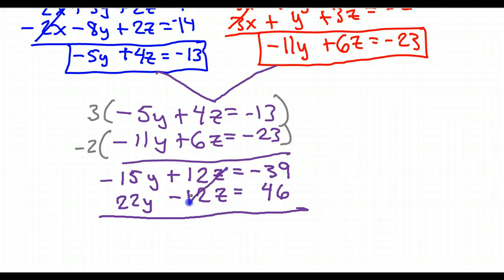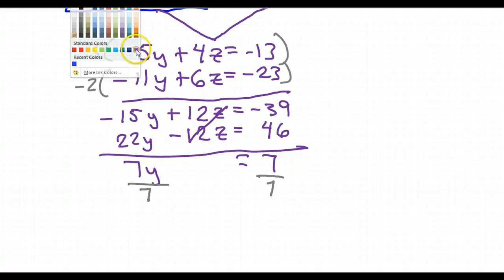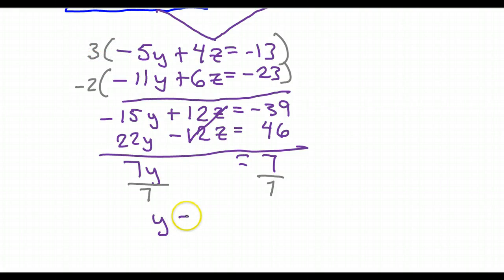Alright, if I put these together, the z's cancel as predicted, but this is going to leave me with 7y is equal to 7. So when I go ahead and try to get y by itself, I'm going to divide by 7, and that's going to create y equals 1. So there is my first value.